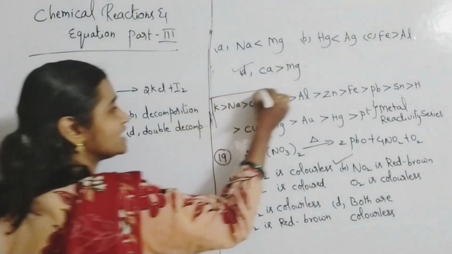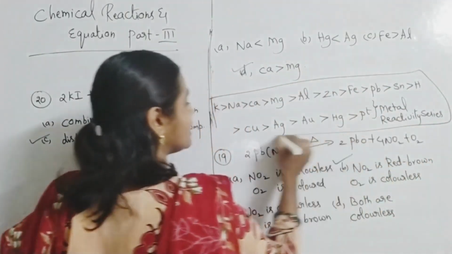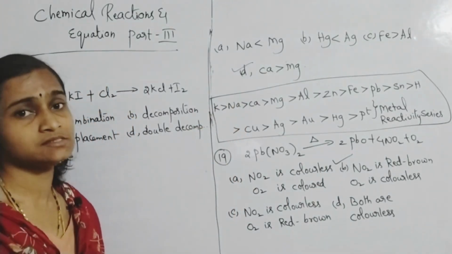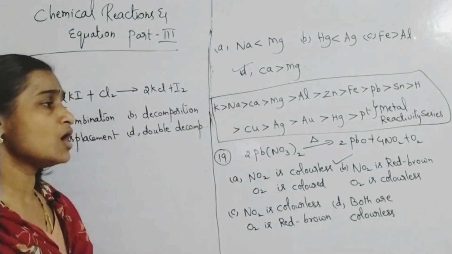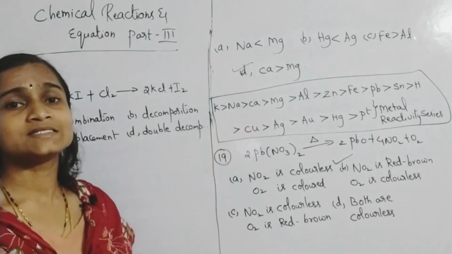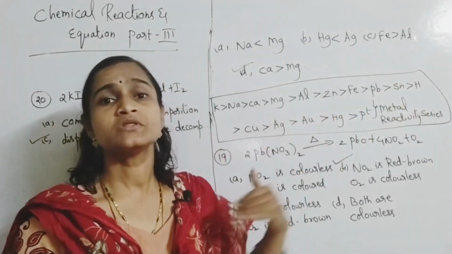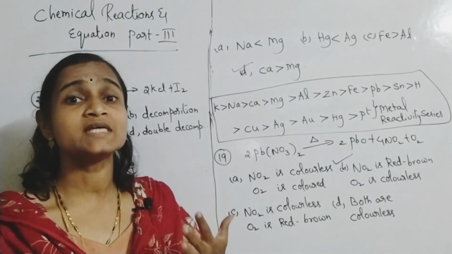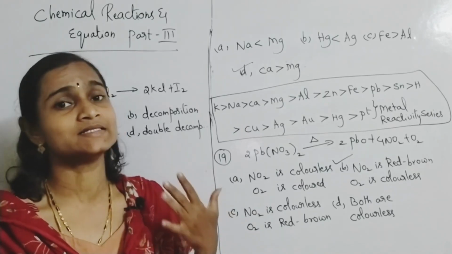Please remember this metal reactivity series. Kanaka Mahalakshmi, Alludu, Jaffa, Pelliki, Senteskuni, Hyderabad Ochadu. All these are metals except hydrogen. Hydrogen is kept in the metal reactivity series because it forms cations like metals.